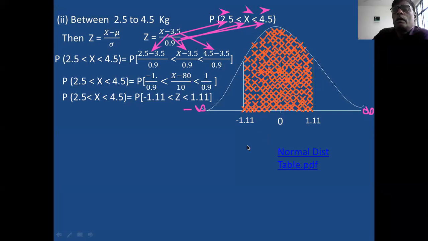Okay, the area is marked. Now, what is the area required?